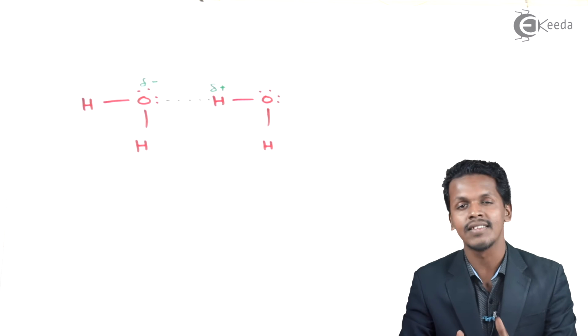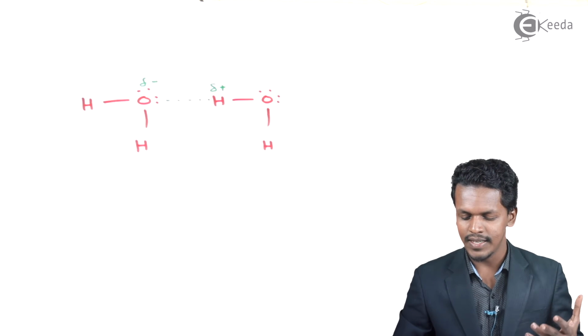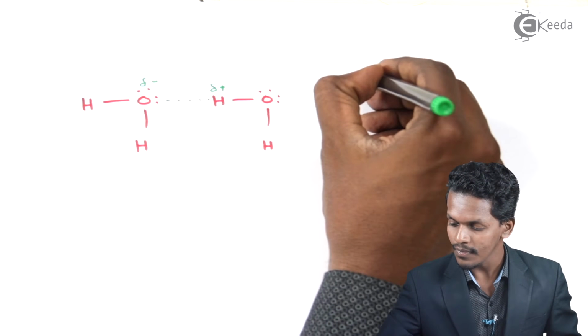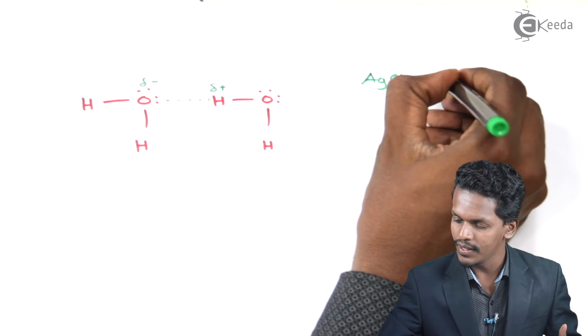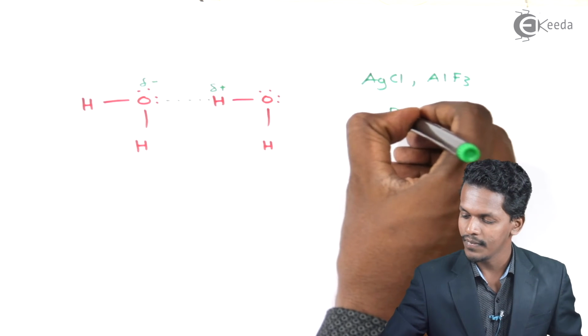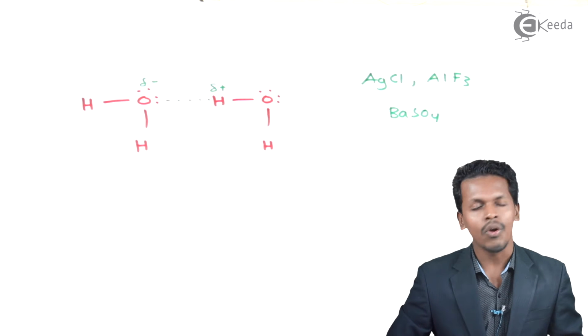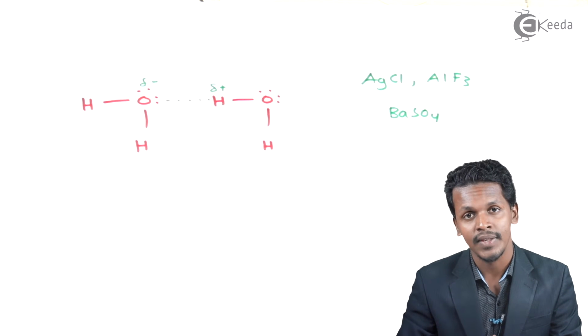For example, NaCl is very soluble in water, but certain compounds like AgCl, AlF3, or BaSO4, barium sulfate, are not that soluble. In fact, they are partially soluble or insoluble in water.